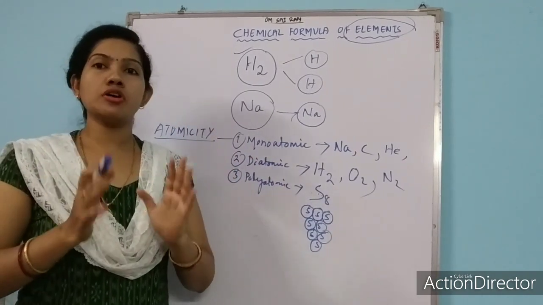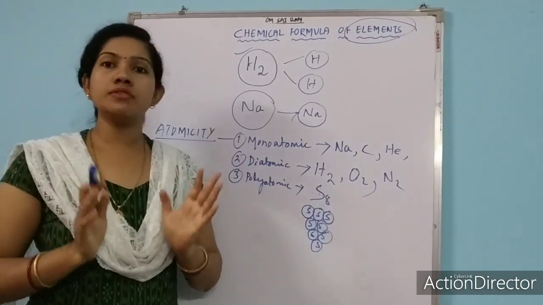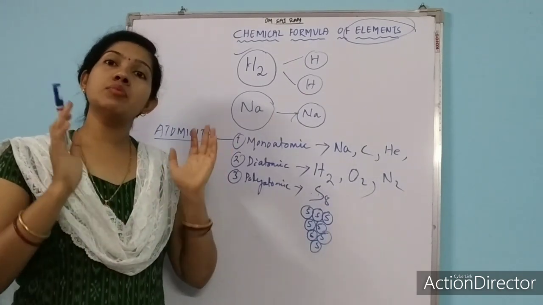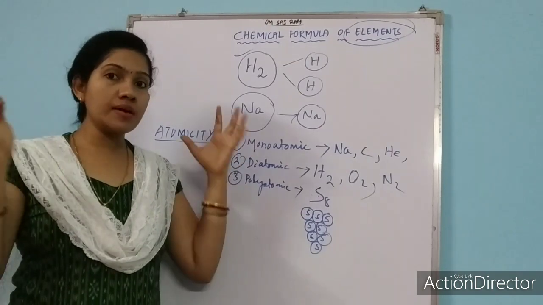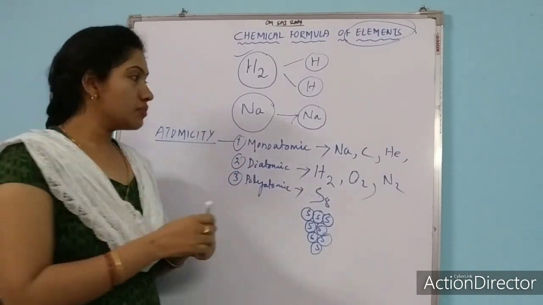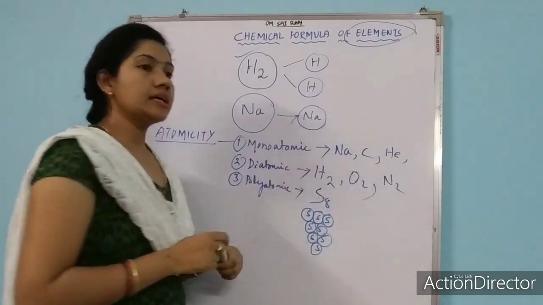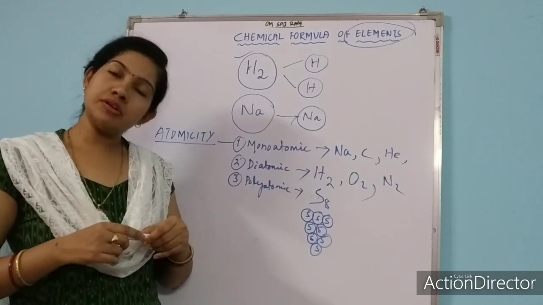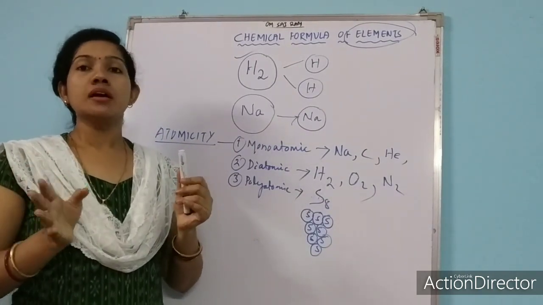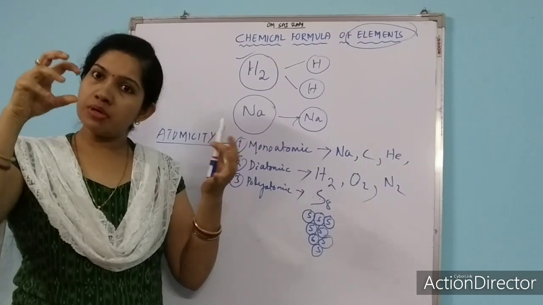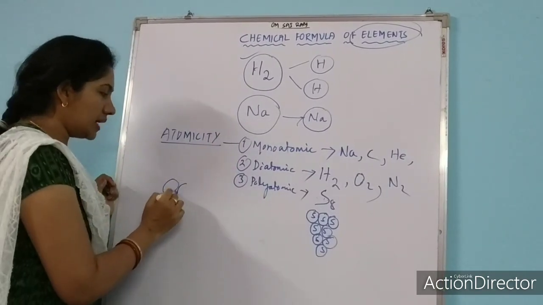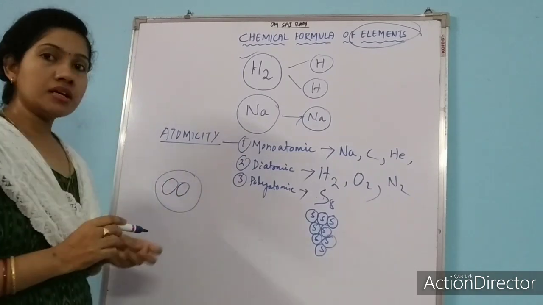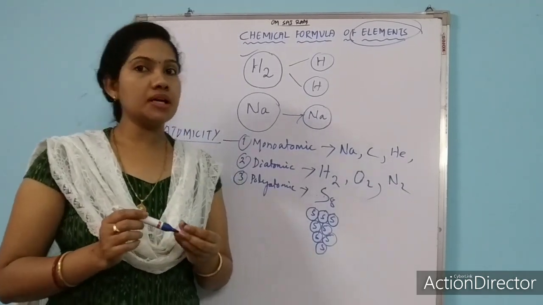If you observe the chemical formula of the noble gases, generally they are monoatomic and they exist independently in nature. Do not have confusion that if they are monoatomic they cannot exist independently in nature. I told you in our first class that atoms need to combine to form a molecule, and atoms cannot exist independently in nature.